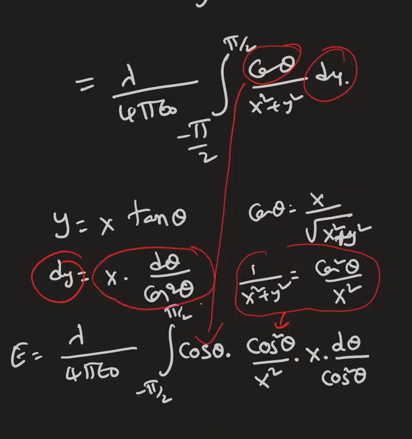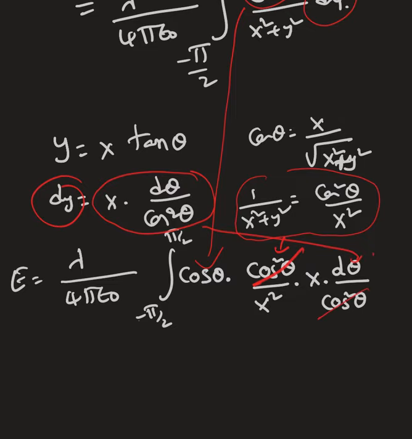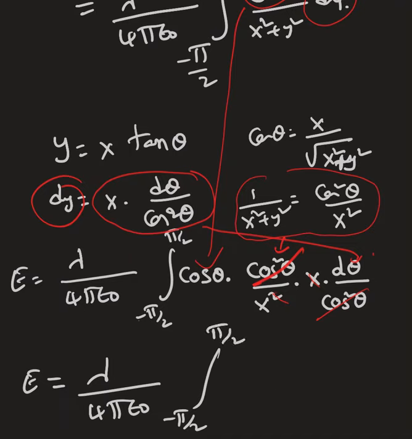Now cos square theta gets cancelled, x square and x get cancelled out. So at the end we'll end up with E equal to lambda over 4 pi epsilon naught, times cos theta times d theta. Actually I should have kept the upper limit and lower limit here because it's theta.